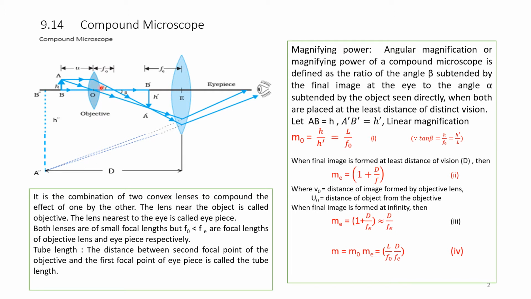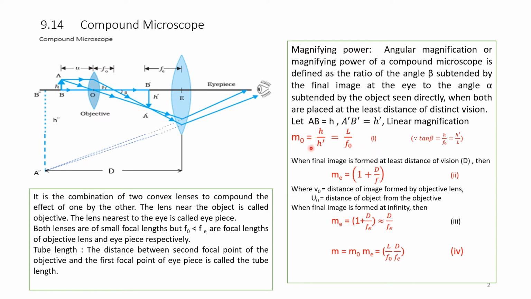Tan beta is opposite side by adjacent side. The opposite side here is H, that is equal to AB. It is H divided by F naught, where the base, the adjacent side, is F naught. So tan beta is equal to H by F naught, and that is also equal to H dash by L. Here in this triangle, beta is also equal to H dash by L. Therefore, the magnification of the objective MO is equal to H dash by H, that is equal to L by F naught. Let this be equation 1.